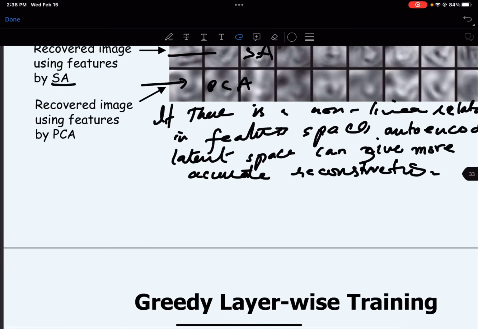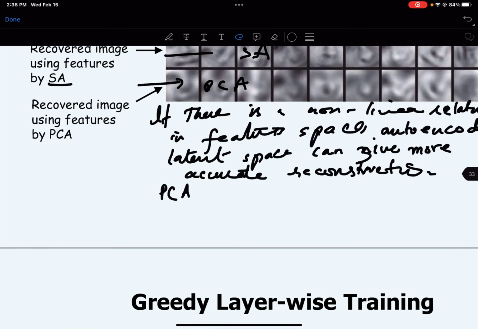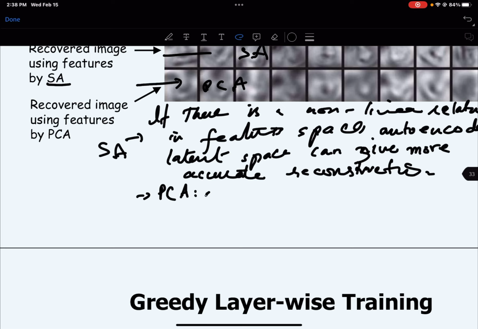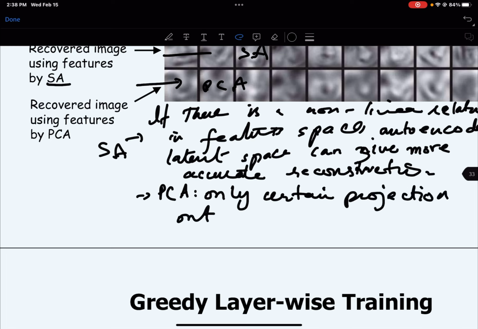Whereas in the case of principal component analysis, if we compare it with this, only certain projections are considered. We will study PCA in future lectures.